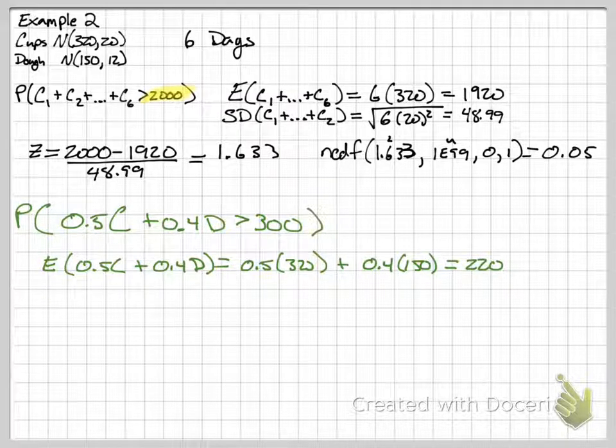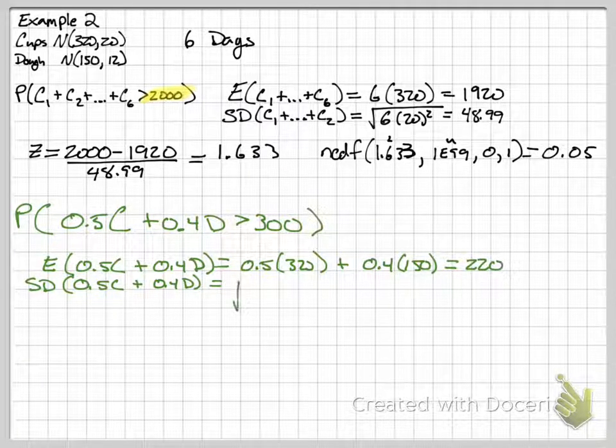So now we need to find our standard deviation. Now our standard deviation is going to be the same thing that we're looking for, 0.5 times our cups plus 0.4 times our donuts, and we're adding those together. So now remember, whenever we multiply by a scalar inside of our square root, we need to also square that, because we're multiplying each cup and each donut he sells by the profit that he'll make.